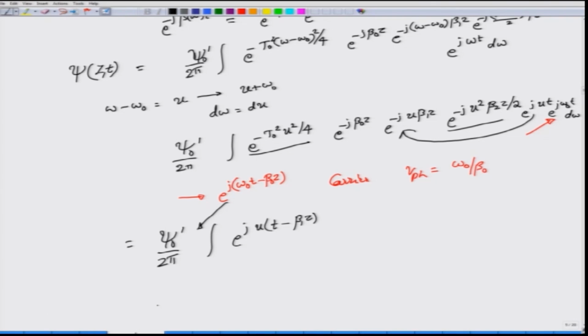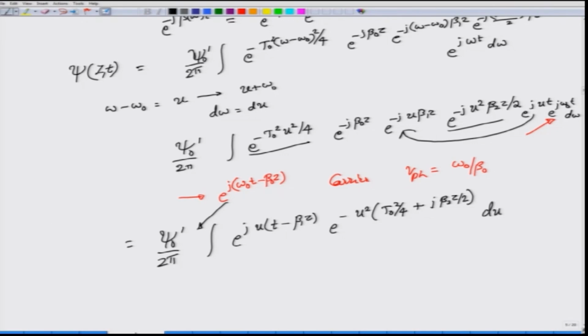Interesting, I have t minus beta 1 into z, and then I have e to the power minus, first there is u square, then you have t 0 square by 4 plus j beta 2 z by 2. Is that okay? So, this is integrated with respect to du.